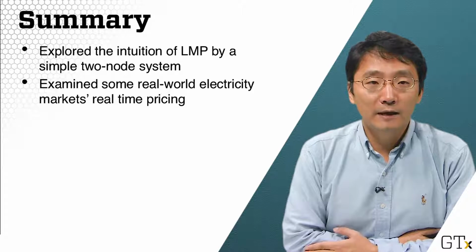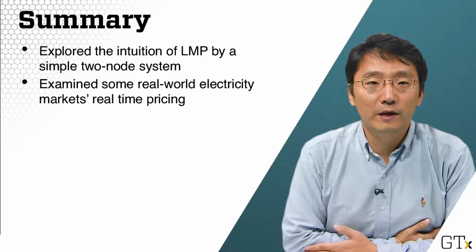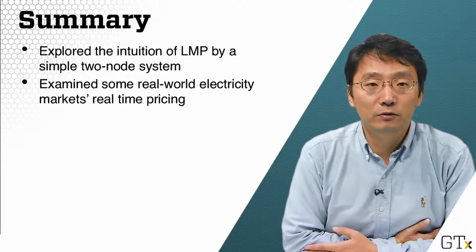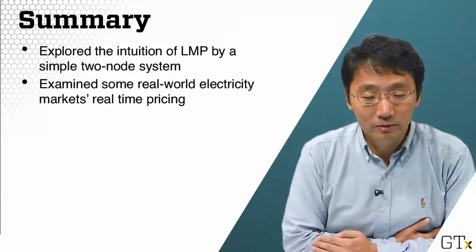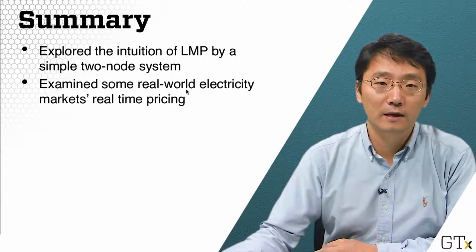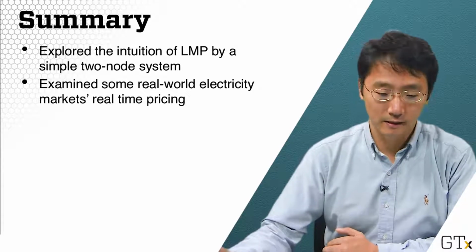So we have looked at how to compute locational marginal price. We explored the intuition of locational marginal price by a simple two-node system. The intuition is very important, and it applies to real-world systems. And we examined some real-world electricity markets and looked at their real-time pricing distribution.